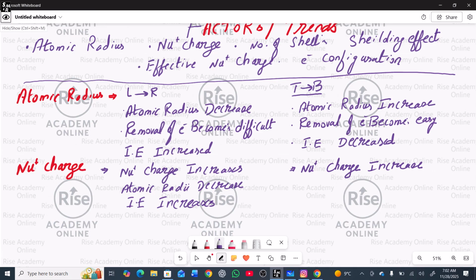So the same effect is observed due to the increase of nuclear charge. Atomic radii should decrease, but you know that other factors are working there, and in moving from top to bottom in a group, atomic radii actually increase.